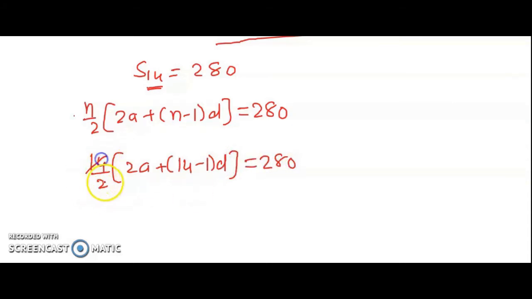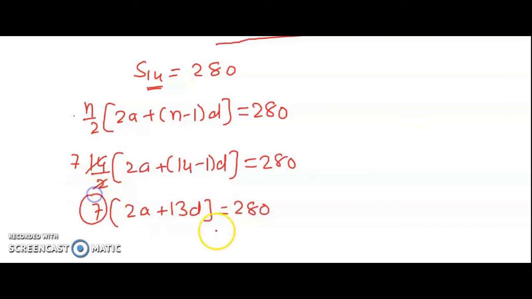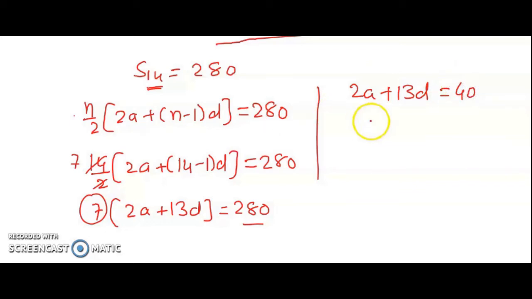Simplify this: 14 divided by 2 is 7, into the bracket 2a plus 14 minus 1, that is 13d, equal to 280. This 7 goes into the denominator, so we get 2a plus 13d equal to 280 divided by 7, that is 40.